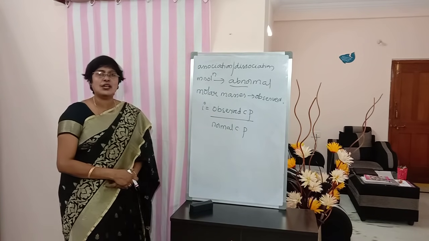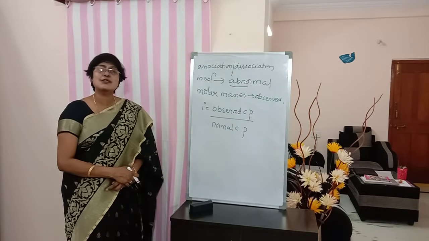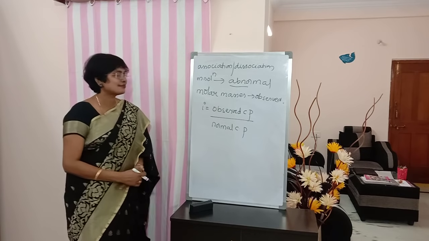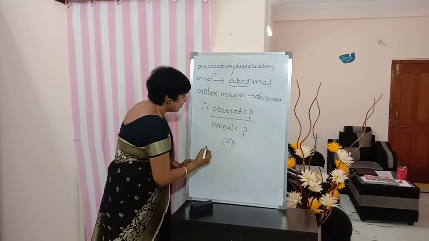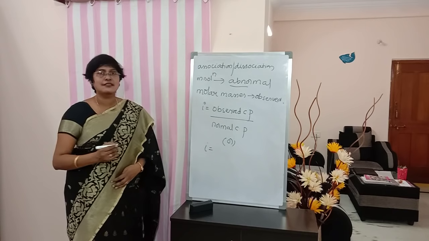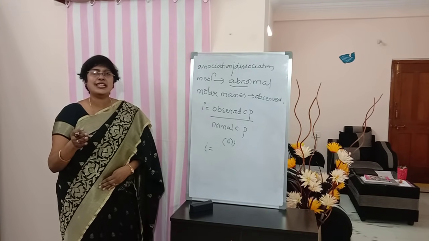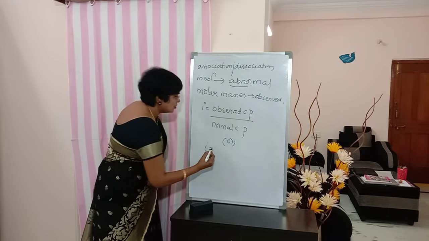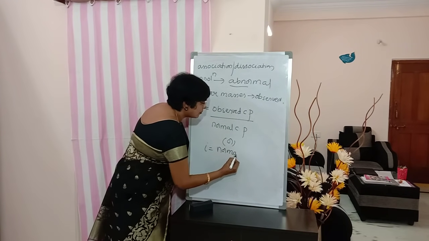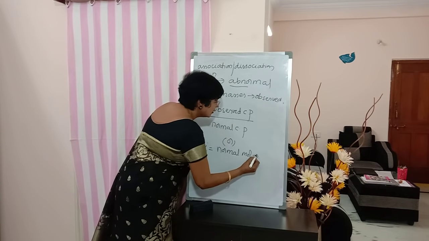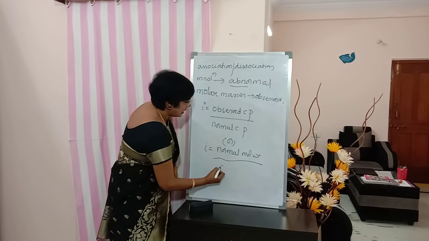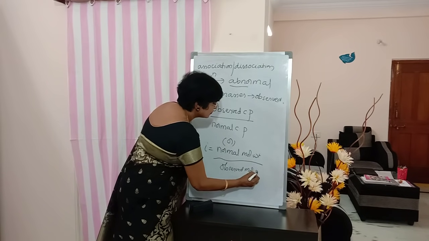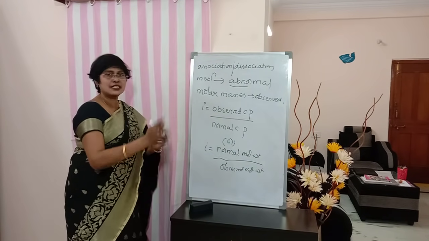So i, that is the Van 't Hoff factor, is the ratio of observed colligative property and normal colligative property. In terms of molecular weight, how will you define the Van 't Hoff factor? We know the relation: colligative property is inversely proportional to molecular weight. So i will be equal to normal molecular weight by observed molecular weight. So, reverse, students.